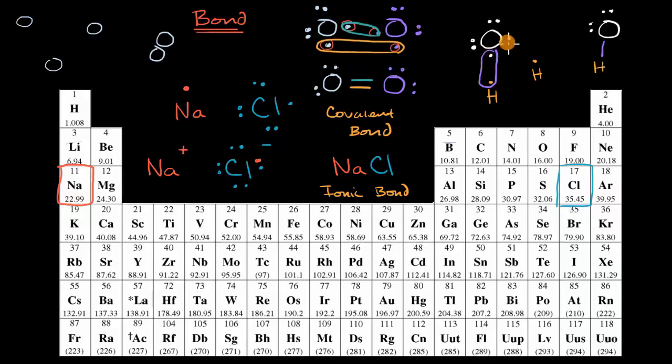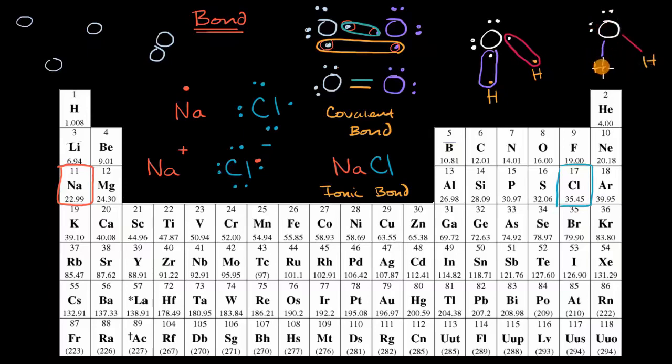And then this electron from the oxygen can be shared with the hydrogen, and that electron from the hydrogen can be shared with the oxygen. And so that would form a covalent bond with that other hydrogen. And now here, once again, oxygen can kind of pretend like it has 8 valence electrons, 2, 4, 6, 8. And the hydrogens can kind of pretend that they have 2 valence electrons.